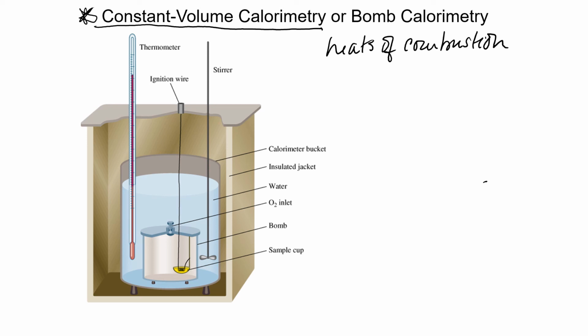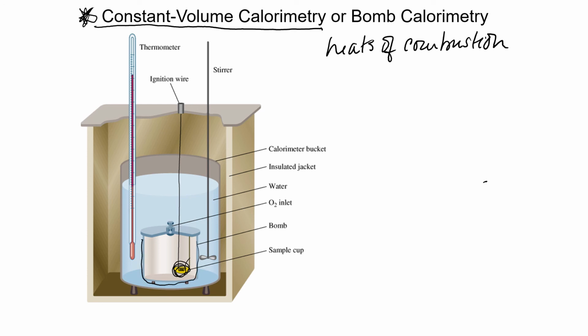And this is something you should remember. I'm going to basically just walk through the components here in the setup. If you look at the calorimeter apparatus, this is where the reaction occurs, and this is the actual bomb.